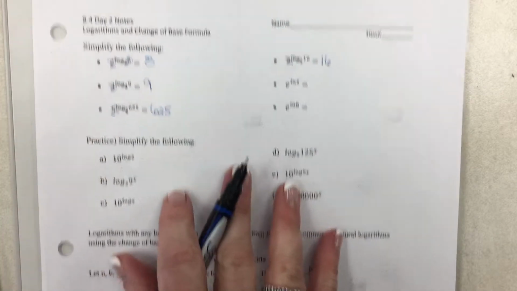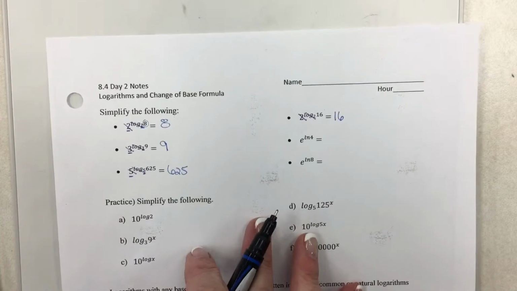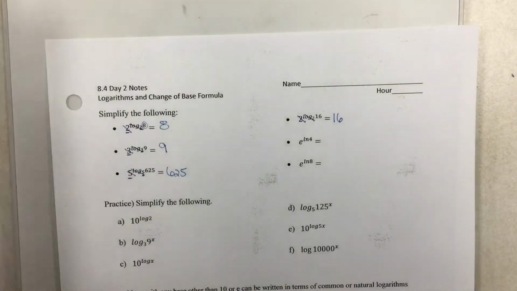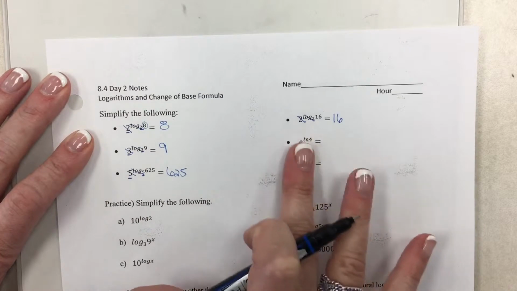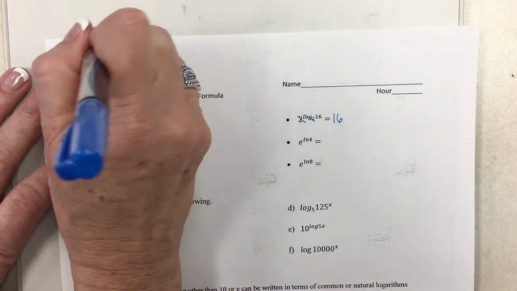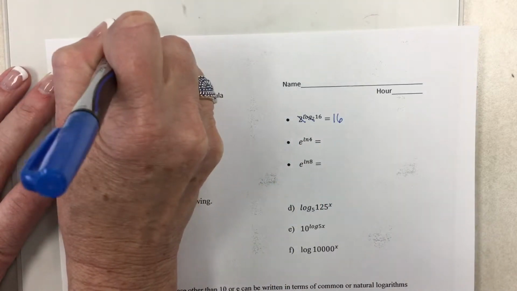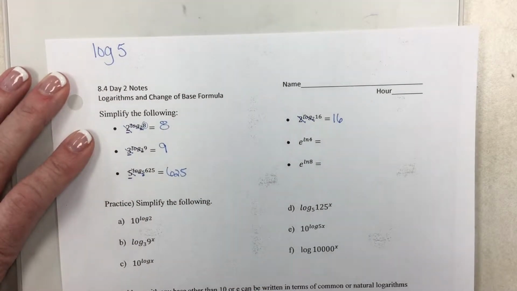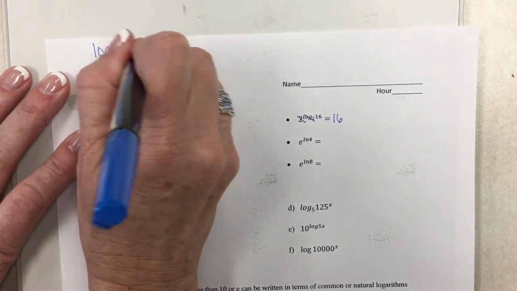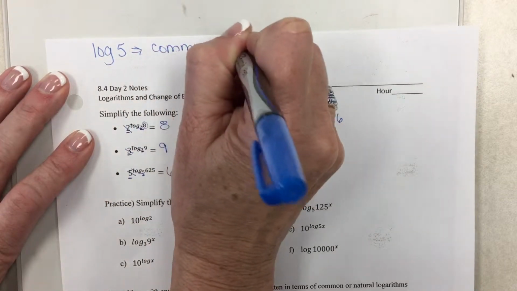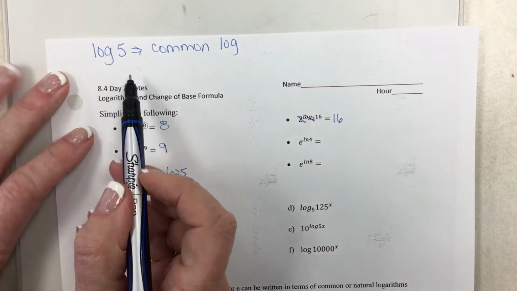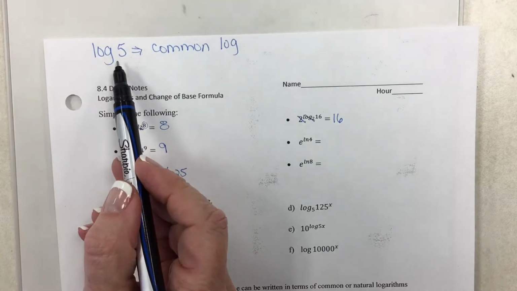Something that I want to make sure that you have, and I'd like you to write this at the top of your notes, that if I have log 5, that is called a common log, because what's my base here?